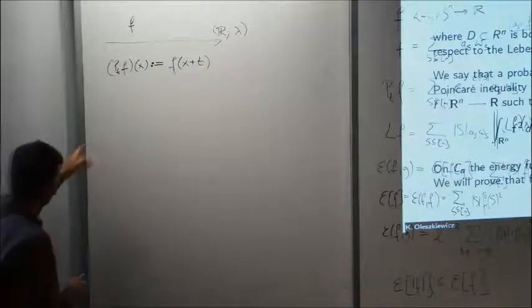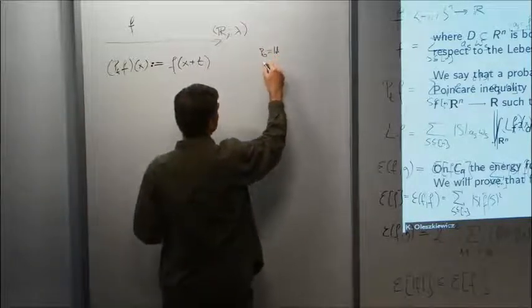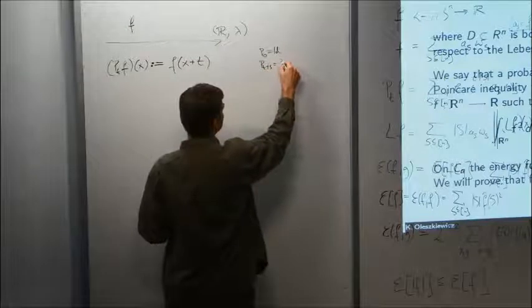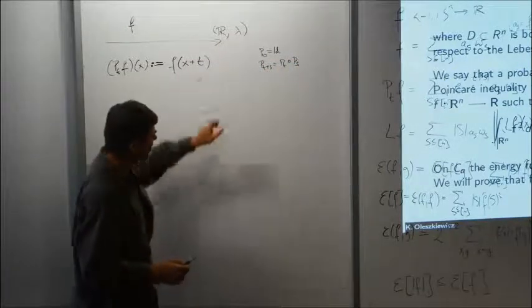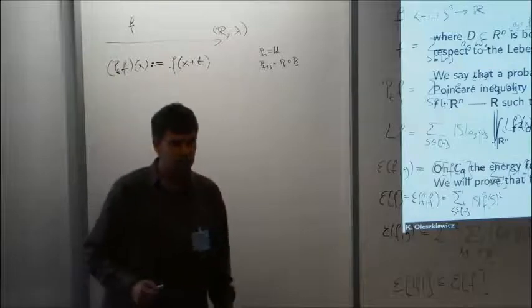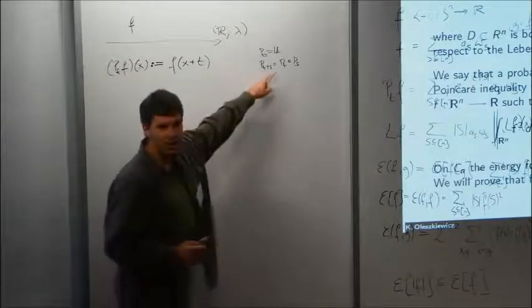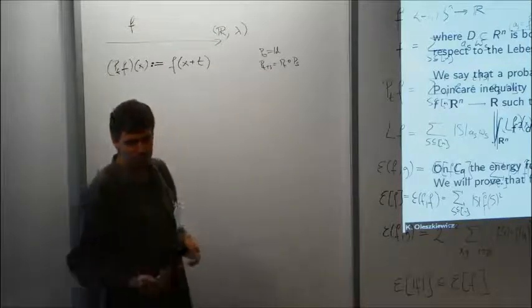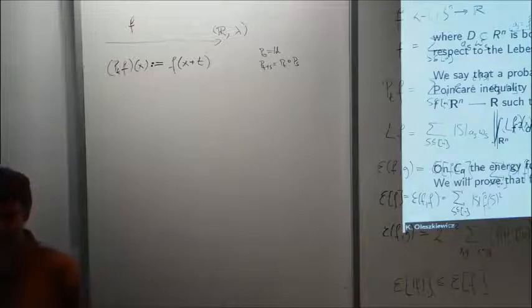It's easy to check that this is actually a semigroup, in the sense that P_0 is the identity, and P_{t+s} is equal to P_t composed with P_s. In fact, this is a quite rare case of a semigroup that can also be defined for negative times and has good qualities when you move in both directions. That's quite exceptional behavior.